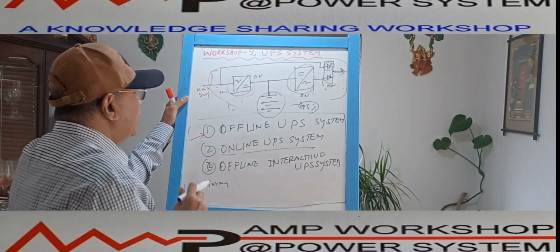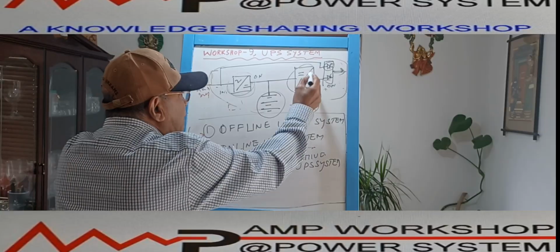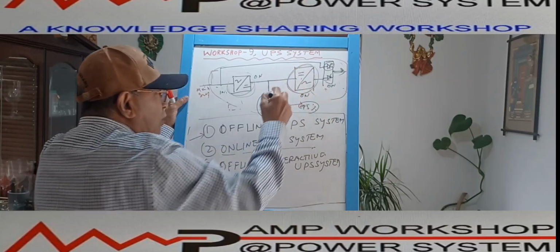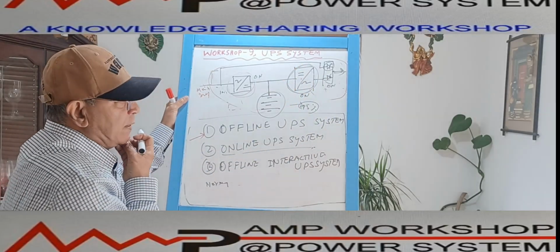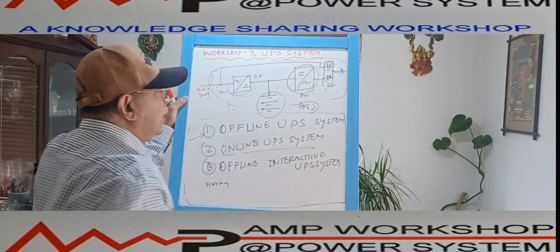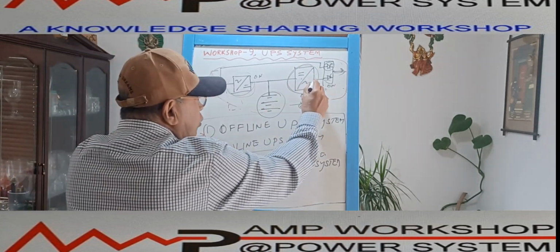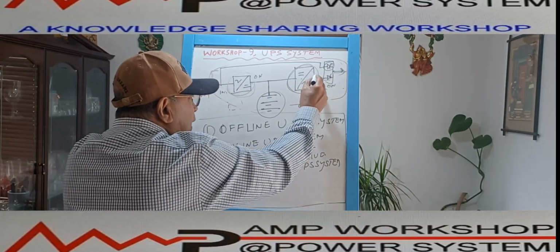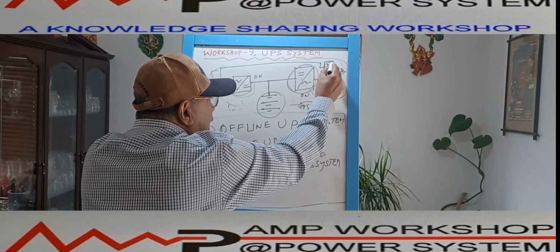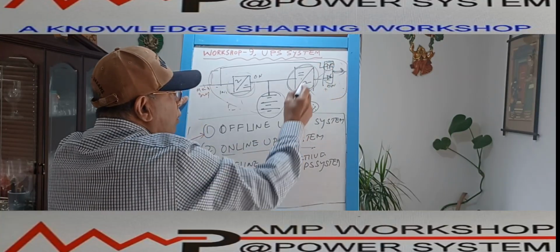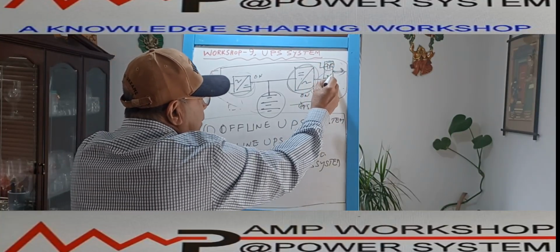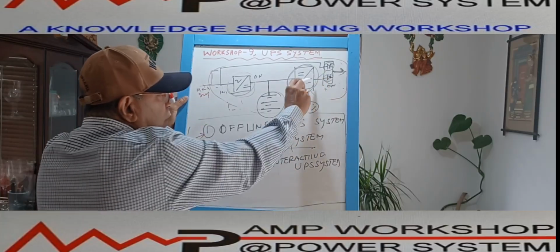The moment this inverter fails, which is considered as a UPS failure, then what will happen? There is under voltage over here. Immediately, the inverter will give a signal to this thyristor to turn on. Because when the under voltage is there, this thyristor is reverse biased and will not flow.